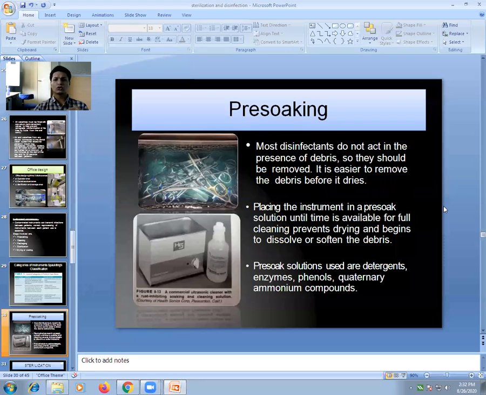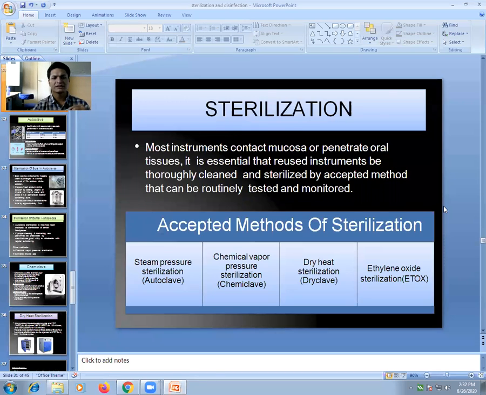Pre-soak solutions used are detergents, enzymes, phenols, or quaternary ammonium compounds. These are the pre-soaking agents. Pre-soak the instruments, clean them, and pack them. And after that, the most important step, sterilization.